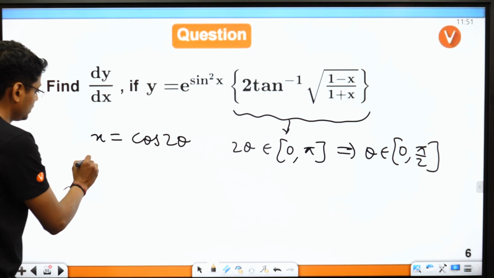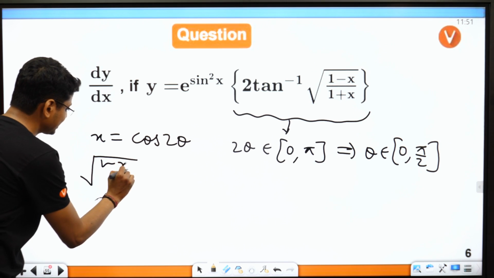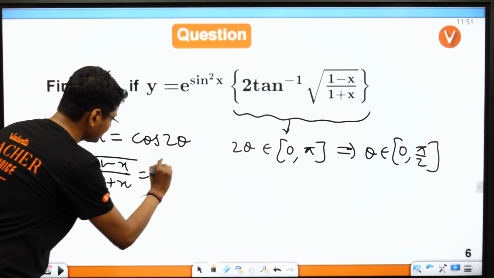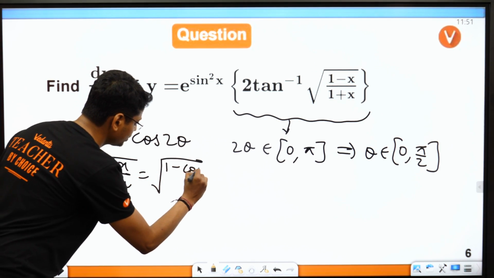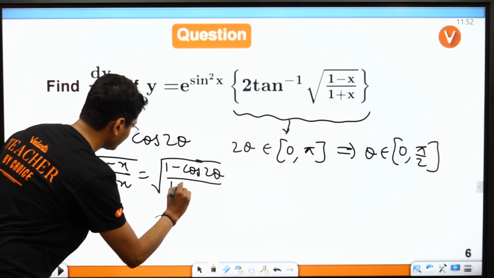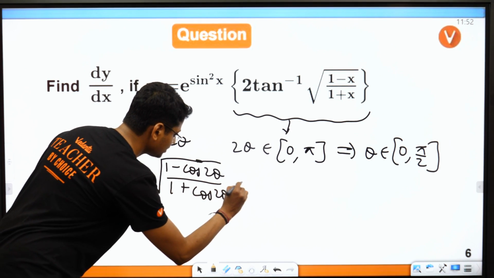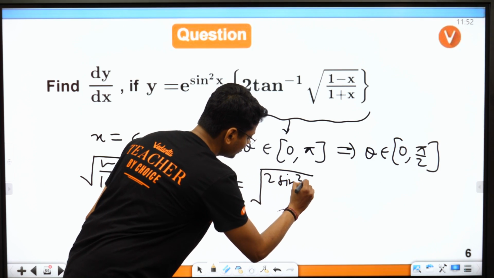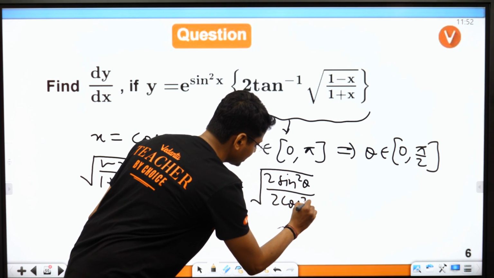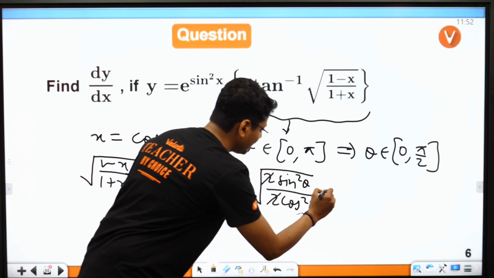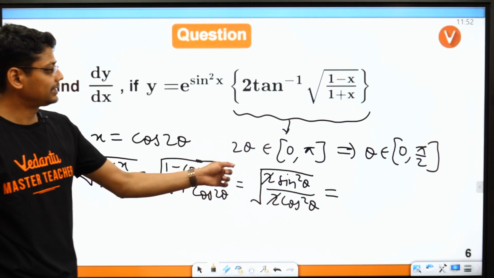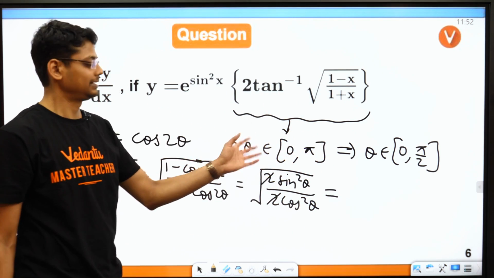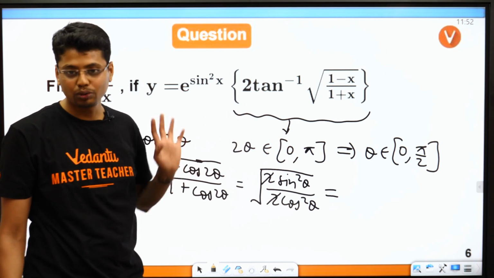So under root 1 minus x by 1 plus x is under root 1 minus cos 2 theta divided by 1 plus cos 2 theta. That means under root 2 sin square theta divided by 2 cos square theta. 2 would get cancelled, and since theta lies in the first quadrant, theta belongs to 0 closed to pi by 2 closed.